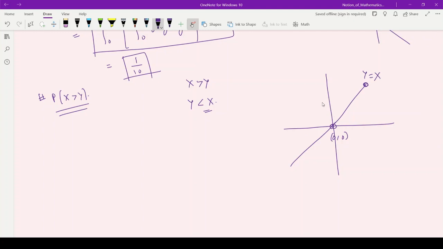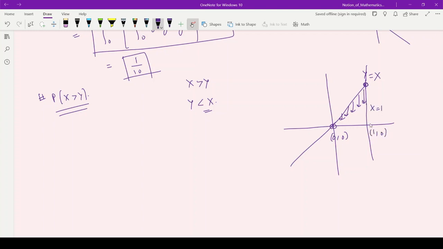So students, y is less than x means in this particular way y will exist. But how to take the limit of x? For that I will be taking the original limit. Original limit means here I will draw the line x equal to 1.